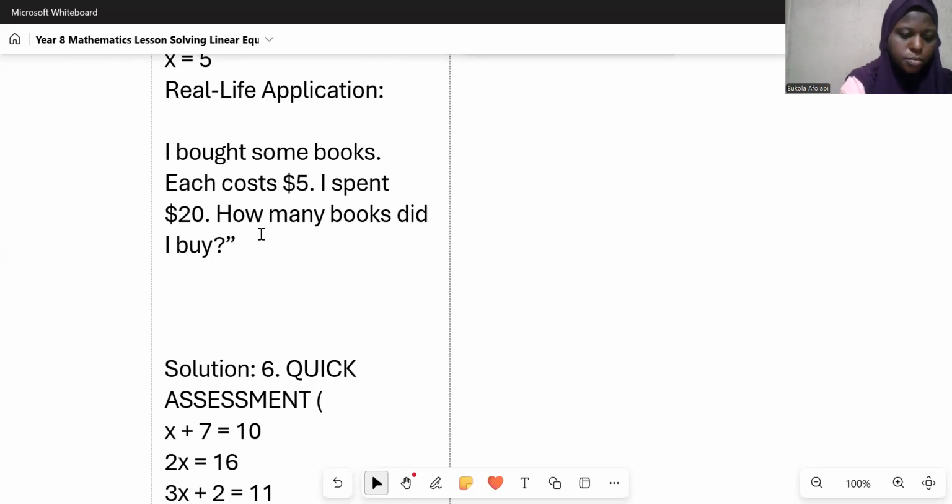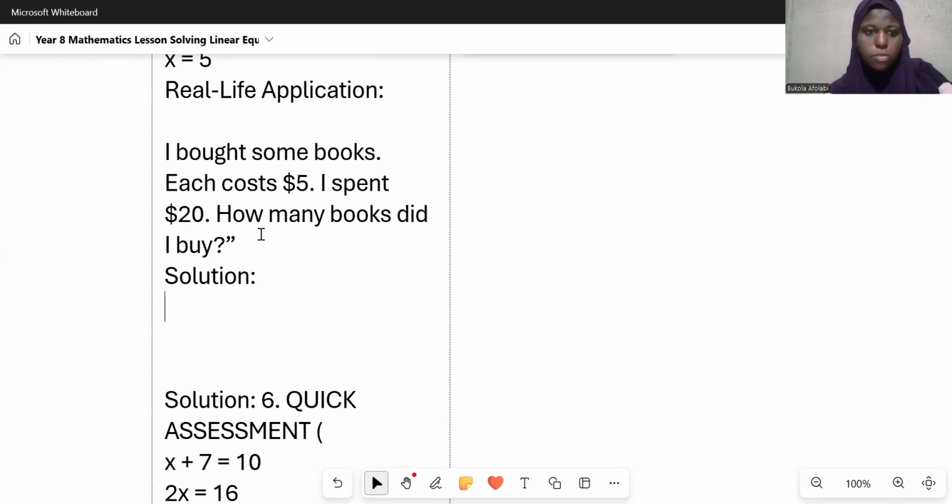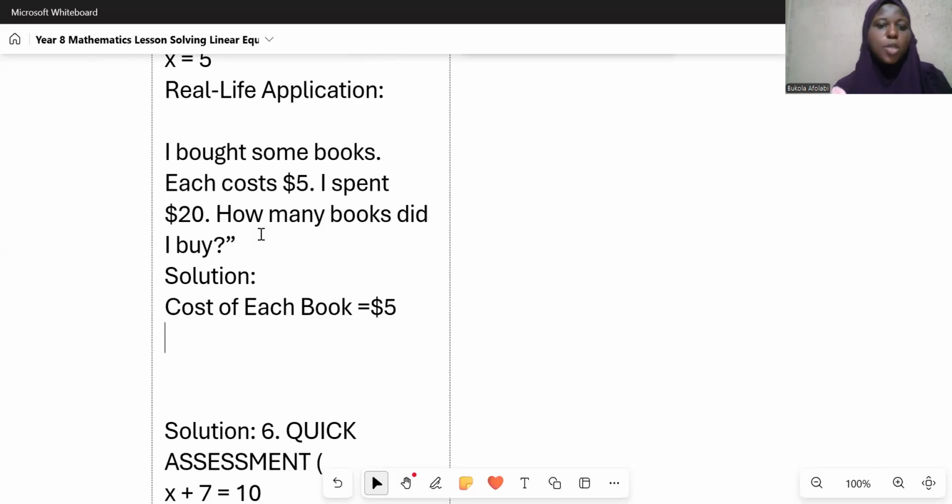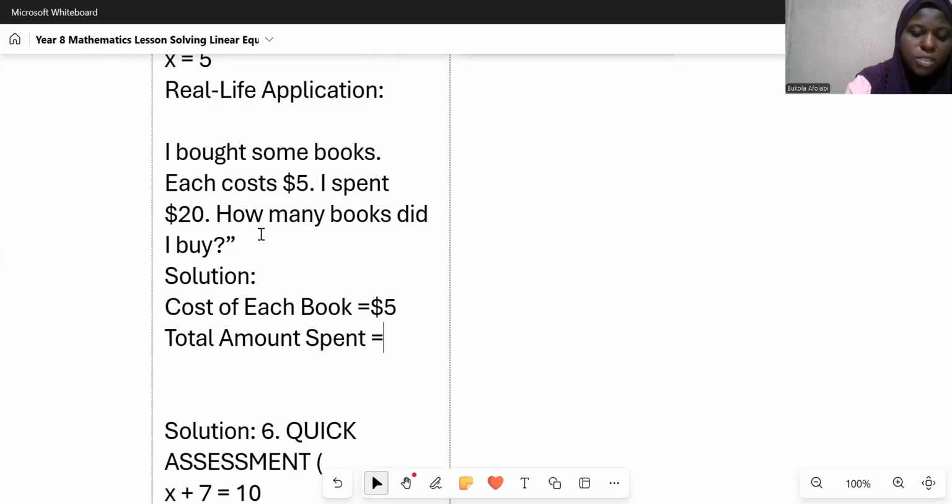Solution: cost of each book equals $5. And $20 was spent in all. Total amount spent equals $20.